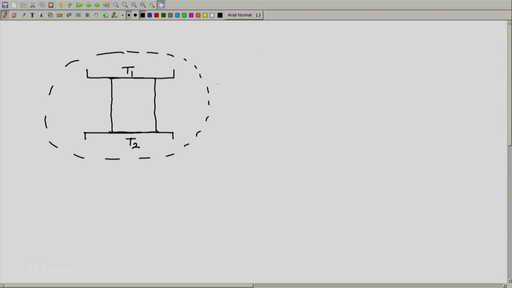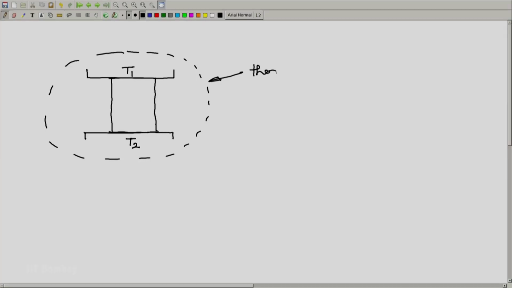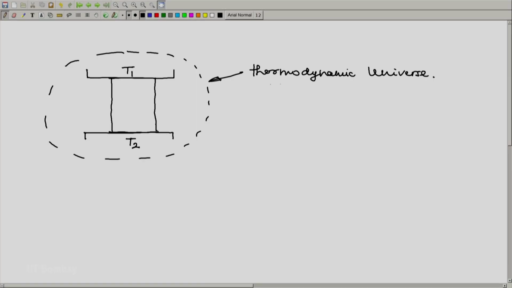And if we consider these together, then we can model this neglecting or asserting that there is no interaction between any of the reservoirs and any extraneous system, that this is our thermodynamic universe. And because it is our thermodynamic universe, we can say that it being an adiabatic system, S dot p for this will be our entropy being produced in the universe.